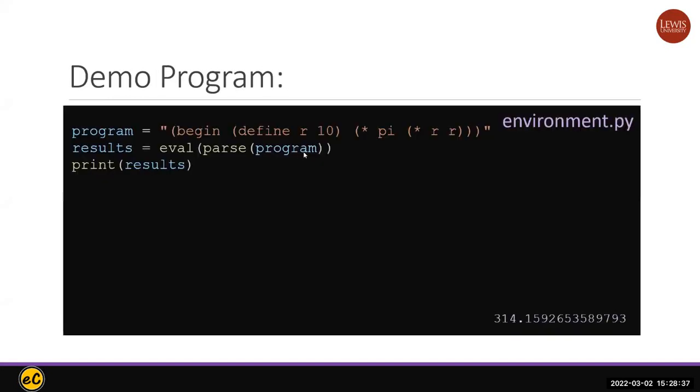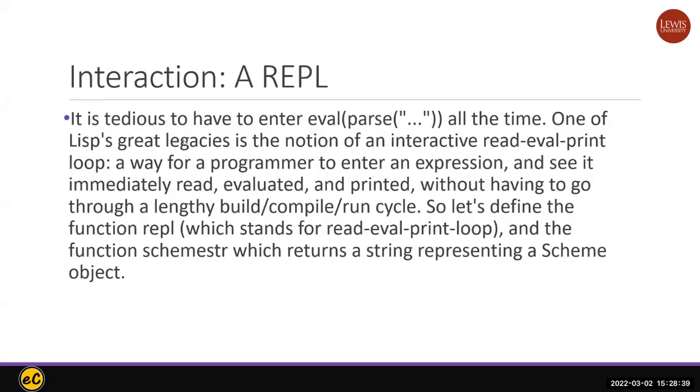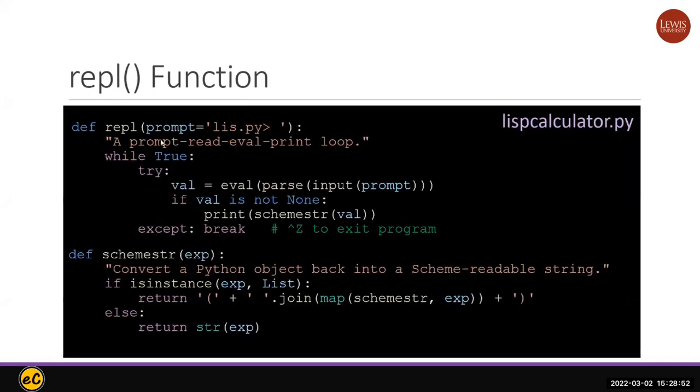We'll get a result. It's tedious to have to enter the eval and parse many times. So you can create a repl format. You can run the repl, and then each time you enter something, your result will be printed. The result will be the evaluation result from the list.